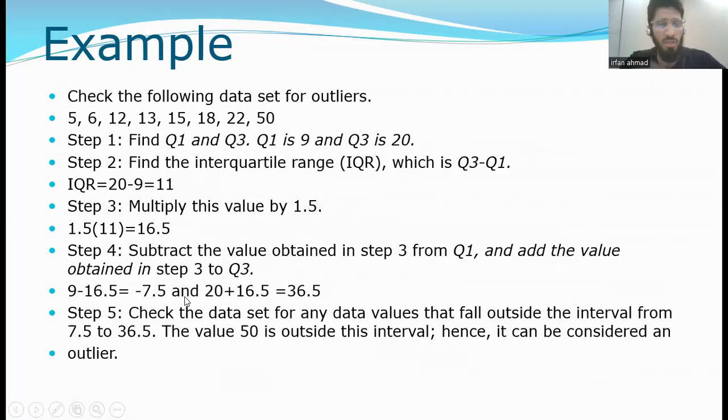So there is no outlier on the left side, but there is an outlier on the right side. 50 is the outlier. The more outliers, the more skewed the data. If there is no outlier, it means the data is normally distributed.